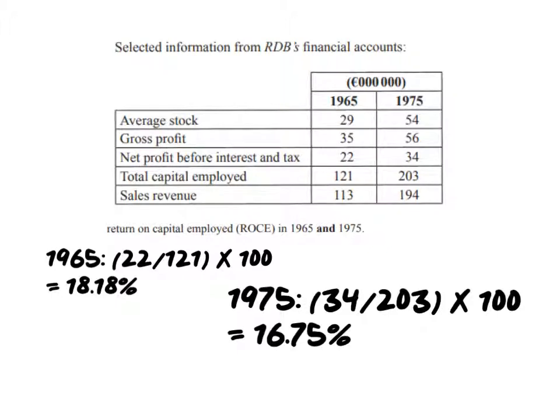Even though it's got a lower net profit in 1965, if we compare it to the capital that's been employed, it's much lower than in 1975. So you could argue that with the additional capital that's been employed in 1975, it's not been very effective in generating that net profit.